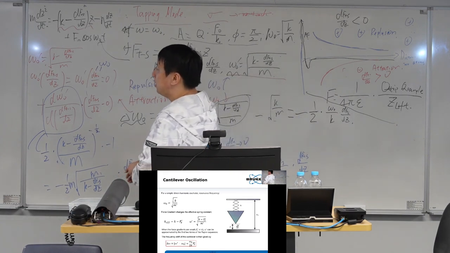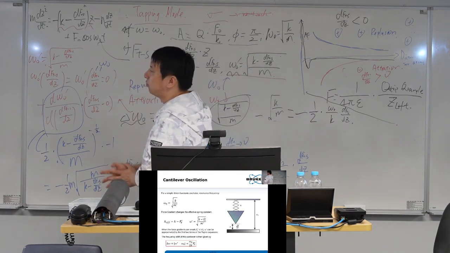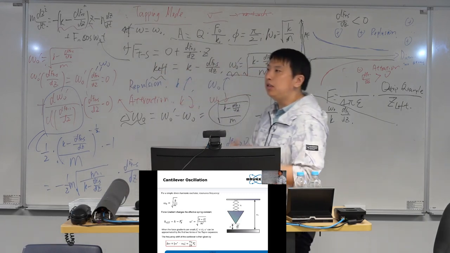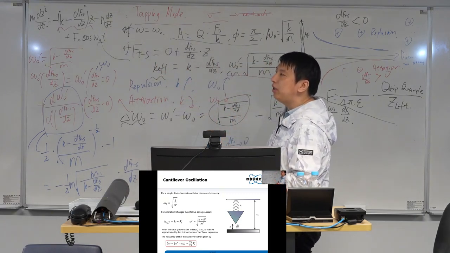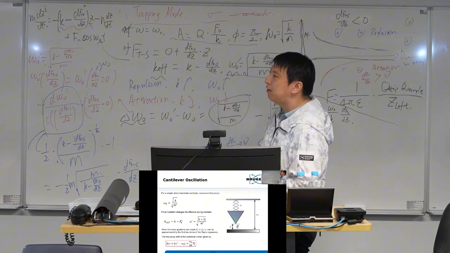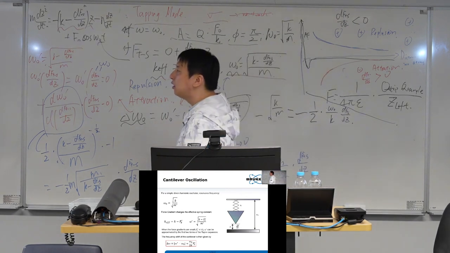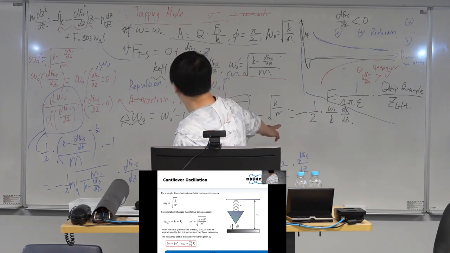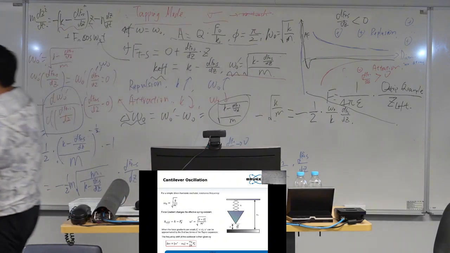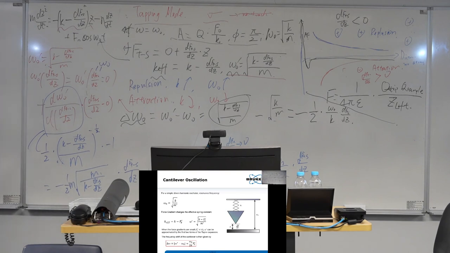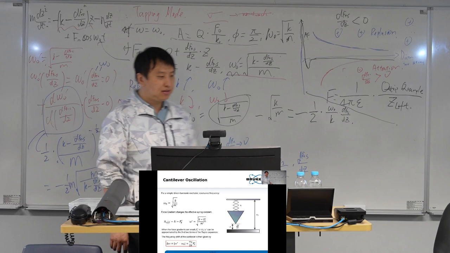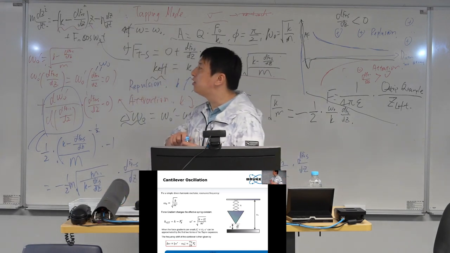Basically, we are just detecting the resonance frequency shift. So when you read references about AFM, if they do a quantitative analysis to get the force gradient, you will find that in those papers they are measuring delta omega, the frequency shift.